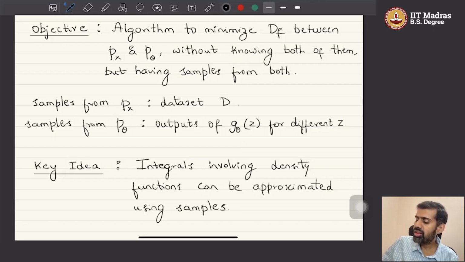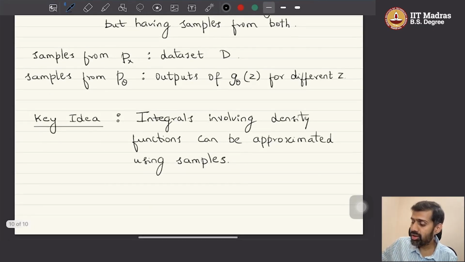These can be approximated using samples drawn from the distribution, right? Samples drawn from the distribution. Okay, you all know this.